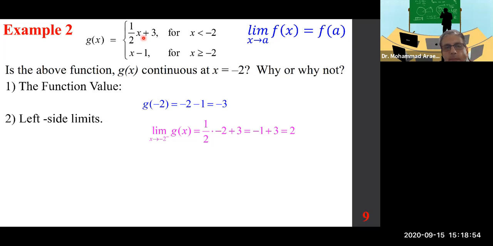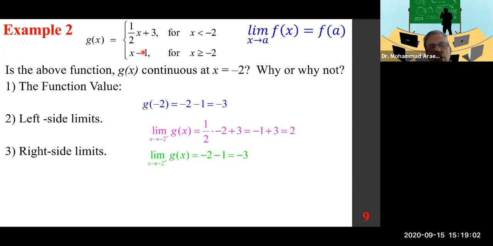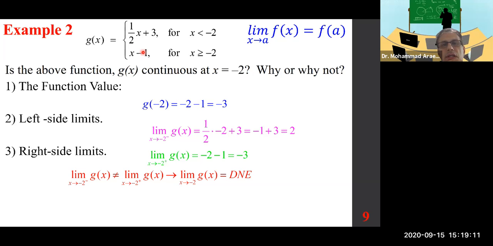Right-sided limit, x is larger than or equal to -2, we go with this piece, we calculate that, we get -3. As you can see, obviously the limit does not exist. And because the limit does not exist, the function is not continuous at -2.